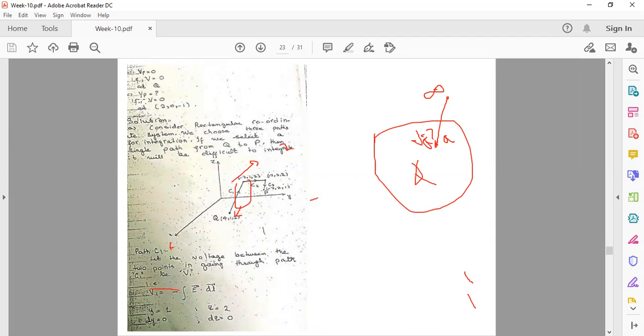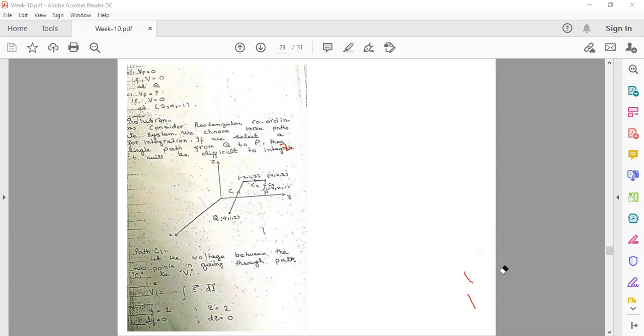And the third part, VP and again VQ is equal to 0. For the first part, three paths are given. The initial point is Q and the final point is P, and we have to find the potential along three different paths: Q along C1, along C2, and along C3.